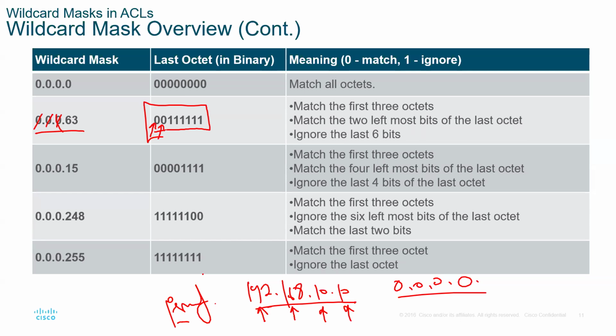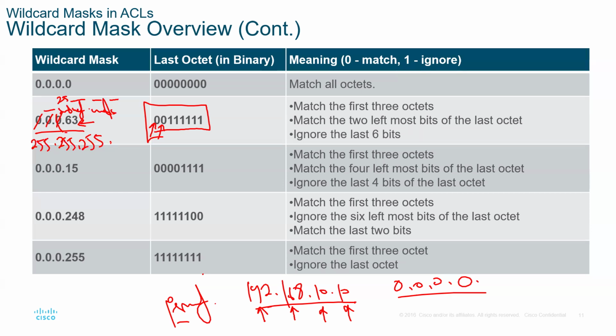So in simple terms, if you want to see which network is being matched, you subtract the subnet mask from 255.255.255.255, which gives the wildcard mask. If I want to get the subnet mask from this 0.0.0.63, my subnet mask will be 255.255.255. What's 255 minus 63?